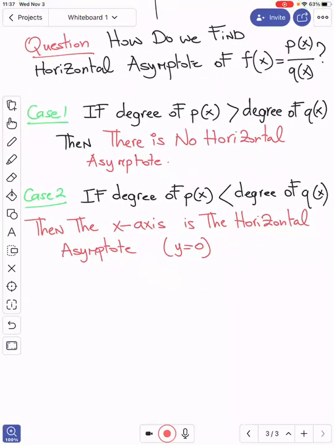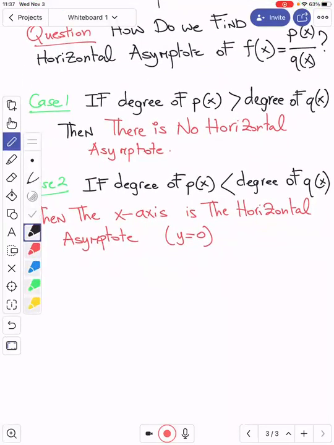Last case is when the degree of p is equal to the degree of q.